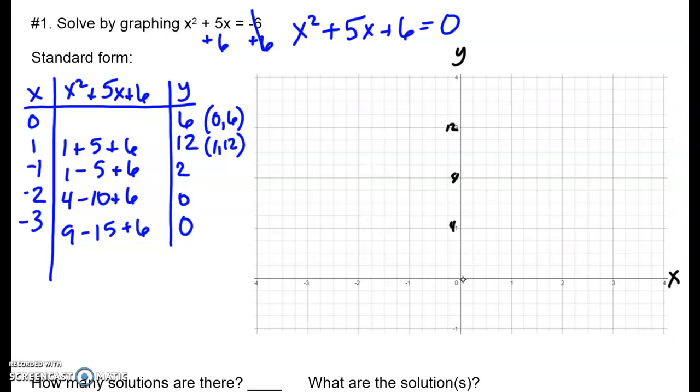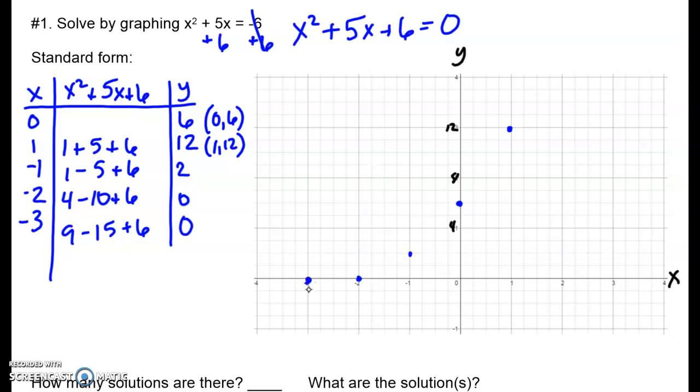So 0 comma 6: 0 on the x-axis, 6 on the y-axis. 1 comma 12: 1 on the x-axis, and then +12. -1 on the x-axis and +2. I'm seeing a slow curve here, so this is good. -2 comma 0 and 3 comma 0.